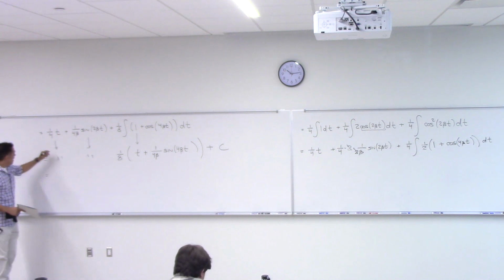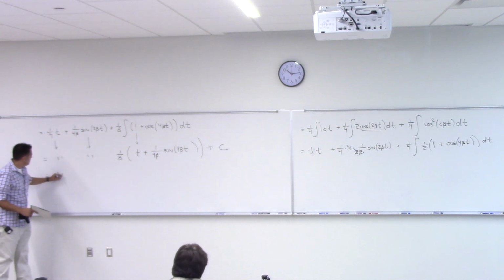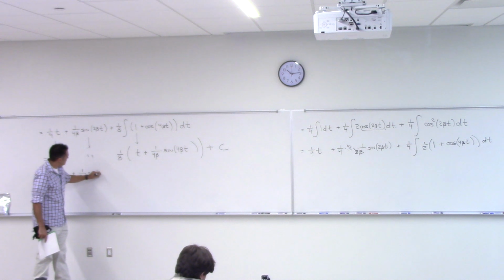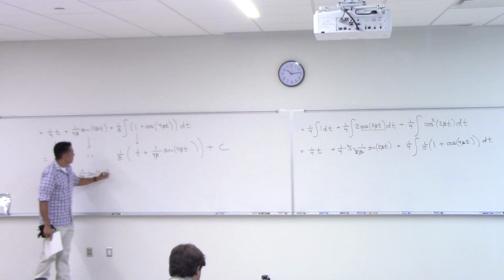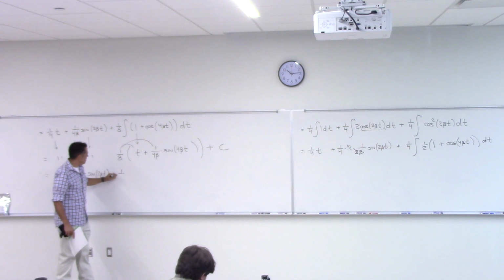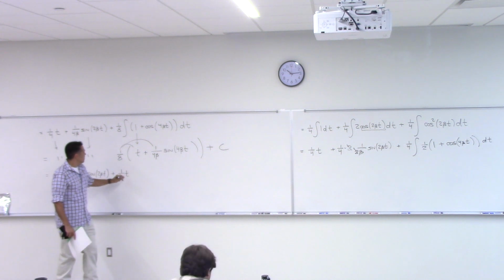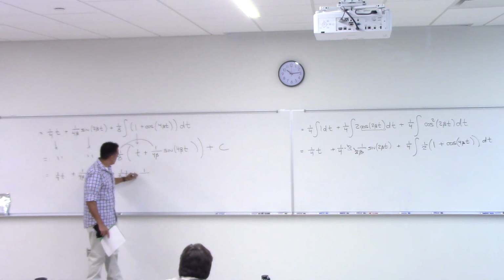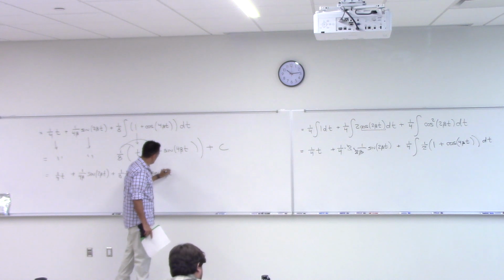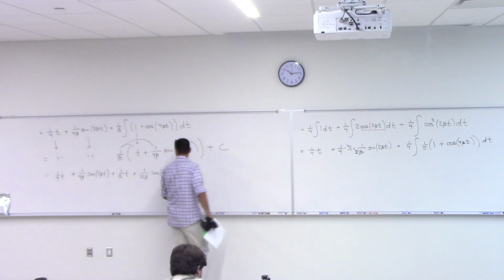So here's where I am. I have 1/4 t plus 1/4 beta sine 2 beta t. Distribute the 1/8 through here, plus 1/8 t plus 1/32 beta sine of 4 beta t plus c. There you go.